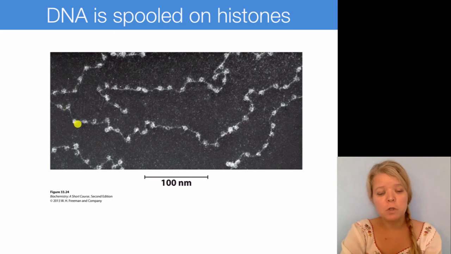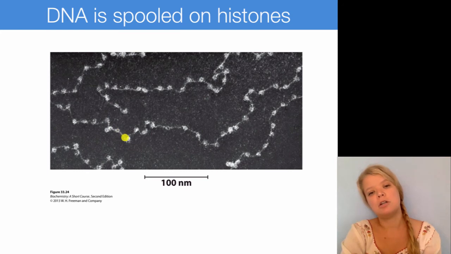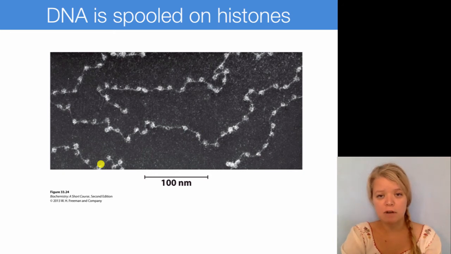Here's a picture of this whole bead on a string situation where histones have formed nucleosomes and the DNA is spooled on them. And then you can see that there are chunks of DNA that don't have any histones on them, visible here as a much thinner thread.